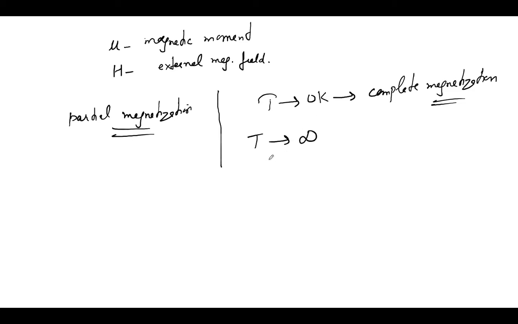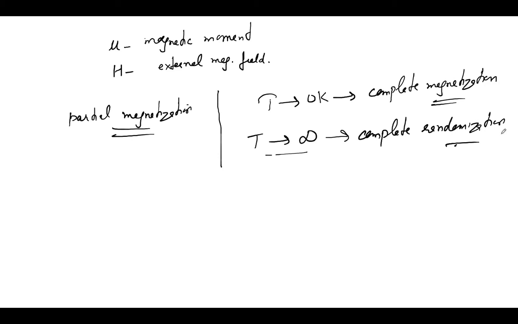Because at very high temperature there will be lots of thermal agitations, and due to the large number of collisions, it is very hard to achieve complete magnetization. So this state we generally consider as the complete randomization, where the magnetization is negligibly small.